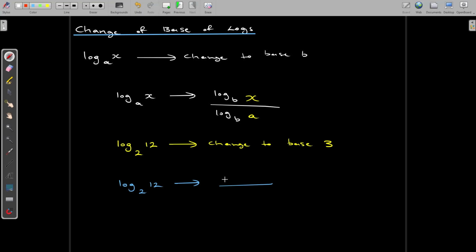So what's the first thing we write? Log base 3? We write the new base that we want to change to. So we write log base 3, log base 3.